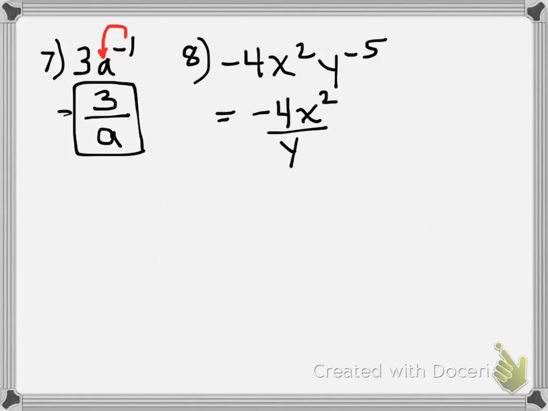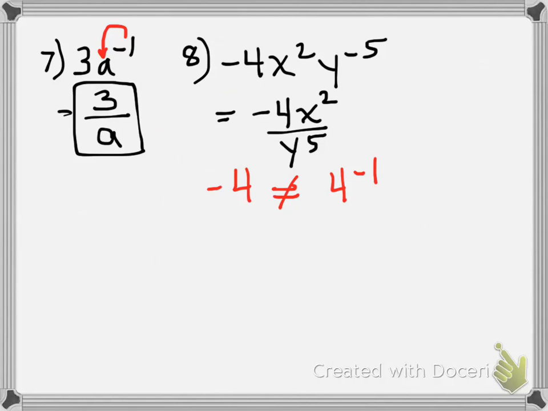Okay, I agree with that answer, but my question is, can you explain why we didn't take that negative 4 and put it in the denominator? Because the negative rule only applies to exponents. Okay, so here's kind of an important thing to write down. Negative 4 is not the same thing as 4 to the negative first.